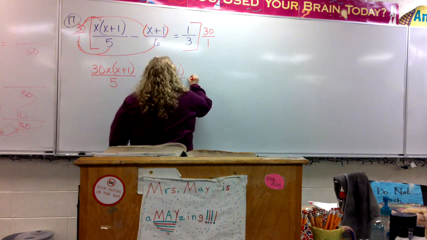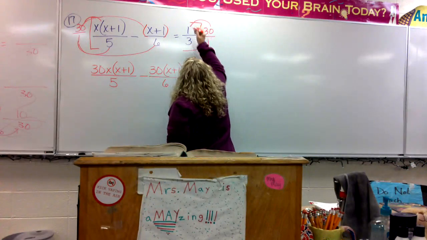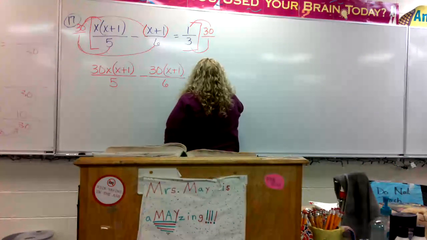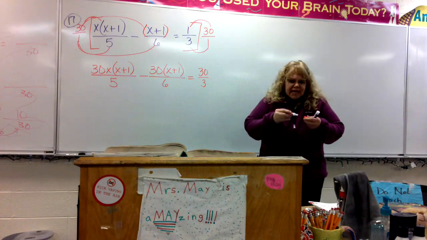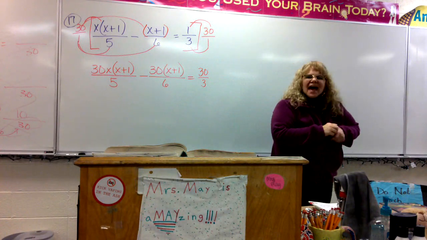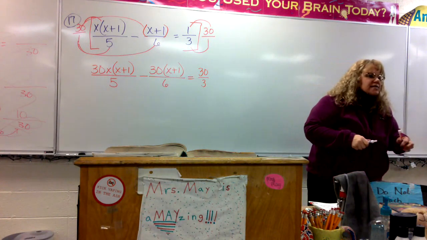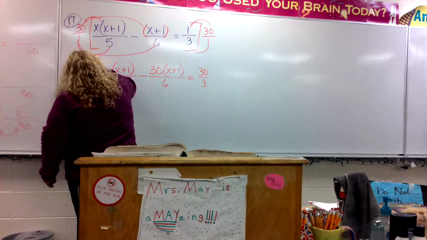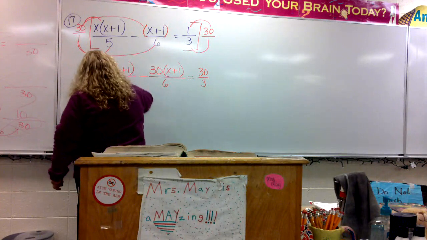Just leave it as a 30 and an x plus 1 all over. And over here, top times top, bottom times bottom. Now, at first glance, it sort of looks like I made a mess, right? But look at this. It's times, so you can reduce that.